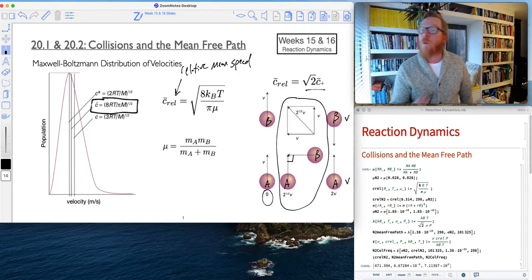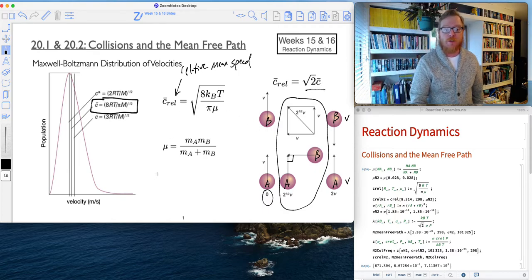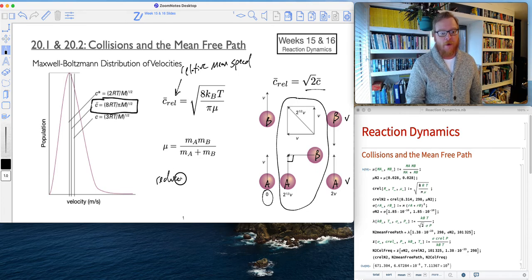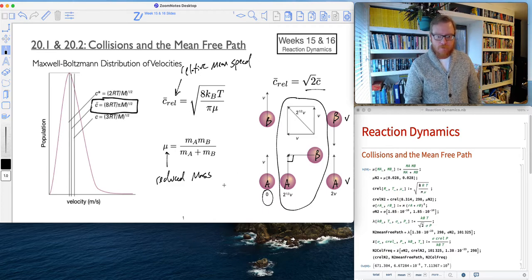What we also have to consider now is the reduced mass between the pair.